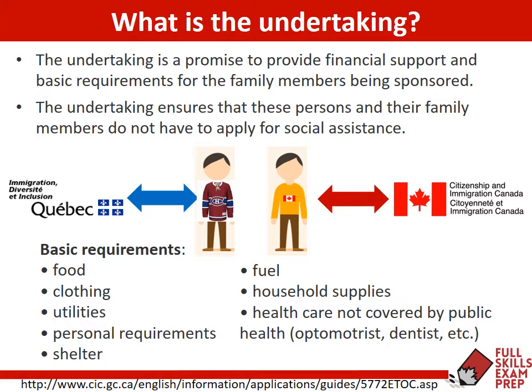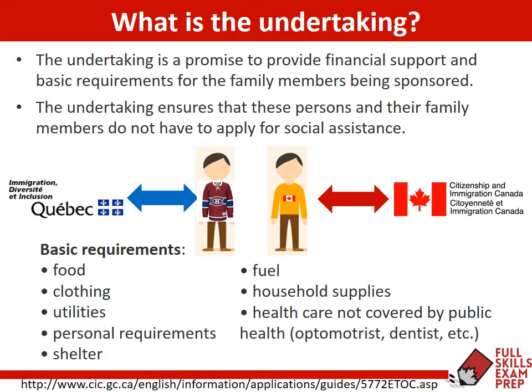So as we can see, there's no real mention about whether or not the person leaves Canada or not in terms of an undertaking. What is needed, of course, is for the sponsor to take care of the person he or she is sponsoring for the duration of the undertaking.